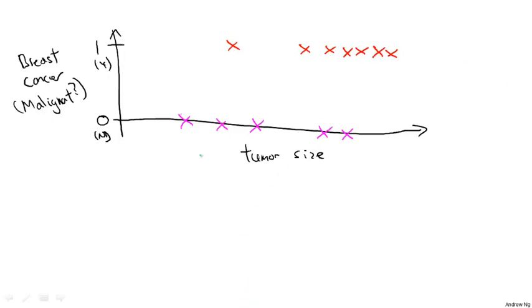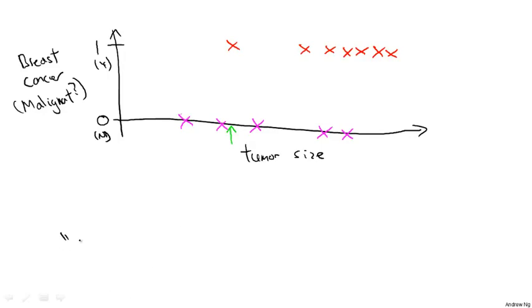And a problem that we might face is, if you have a patient that comes to you and they have a tumor size indicated by this green arrow on the horizontal axis, you might want to ask, how likely is it that their tumor is malignant versus benign? So this is another example of a supervised learning problem, because in your data set, you're told for each of these tumors whether it's malignant or benign.